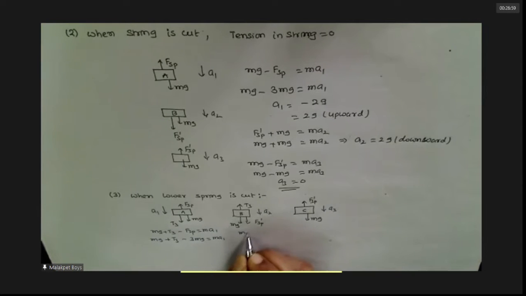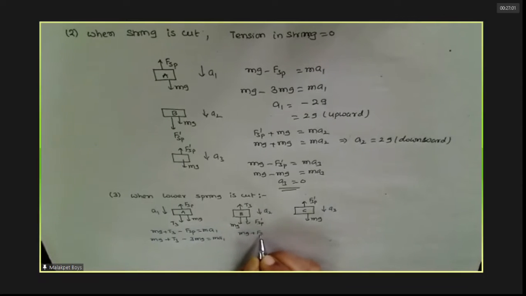So here mg plus, minus T3, mg, this is SP already got. How much is that? mg.